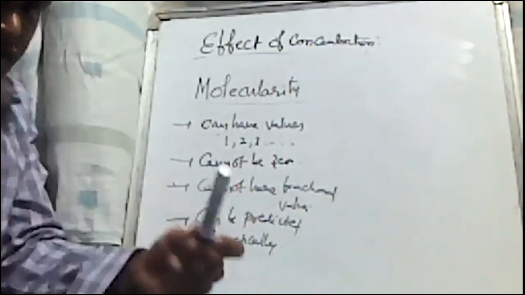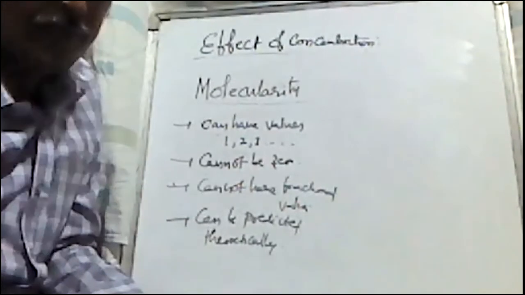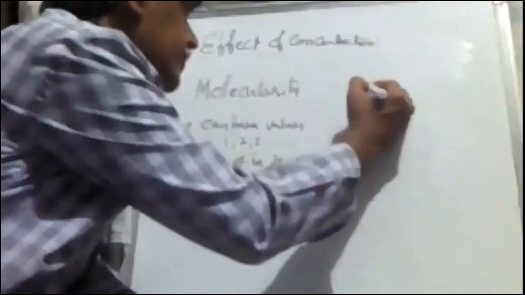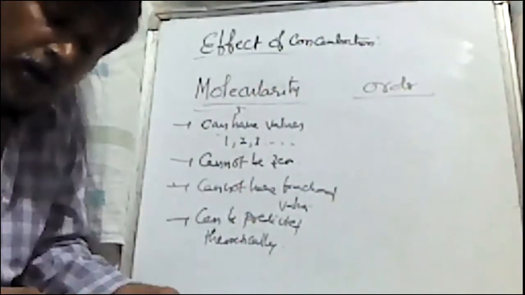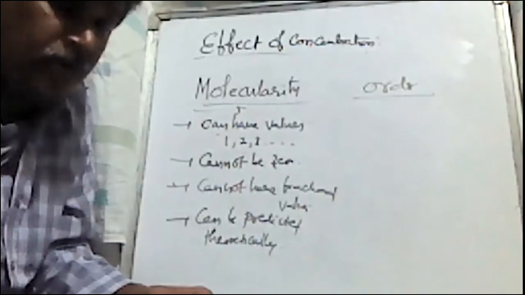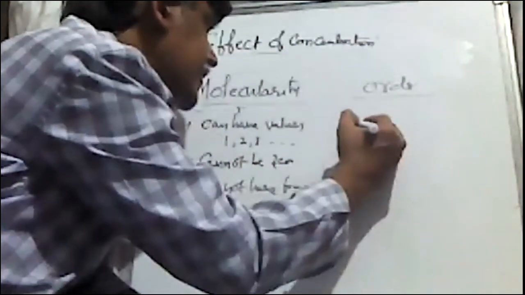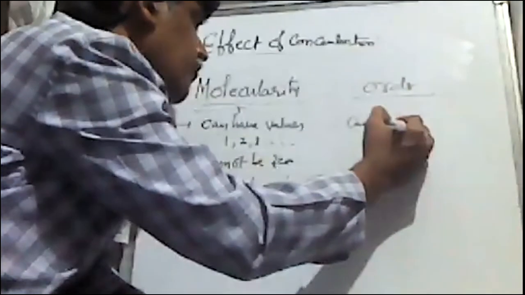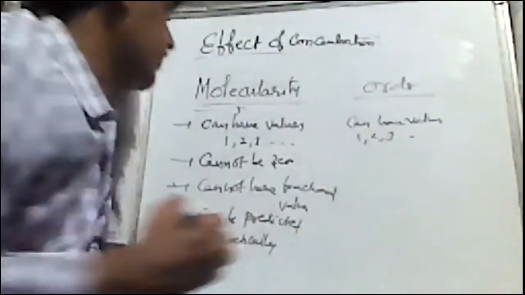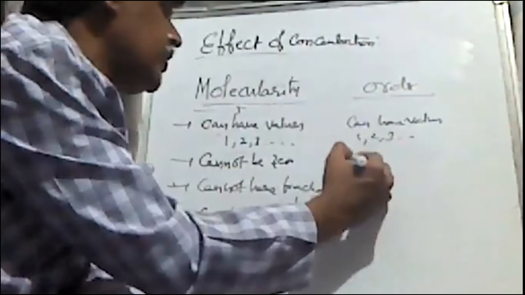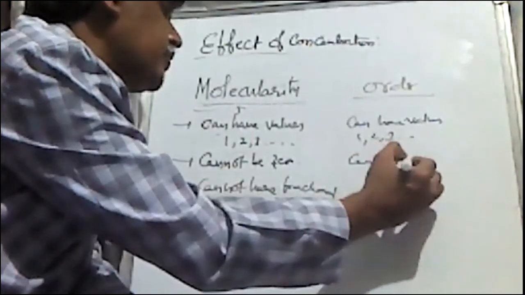Now let me compare molecularity and order. Order I have already defined. First point, molecularity is the number of molecules. Order is the sum of the powers of the concentration terms, and it can also have values 1, 2, 3, 4, and so on. Molecularity cannot be zero, but order can be zero.